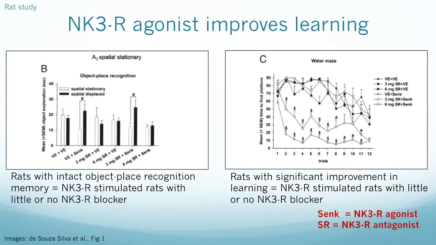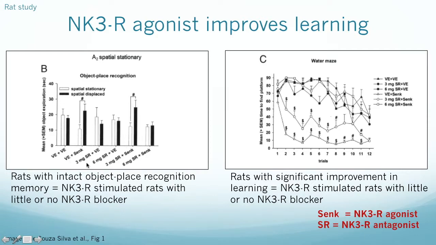So in other words, if the black bars here are significantly taller than their white bar next to them, these rats formed and maintained a spatial memory. So where do we find a spatial memory? In other words, where do we see a significant difference between the height of the black bar and the height of the white bar?